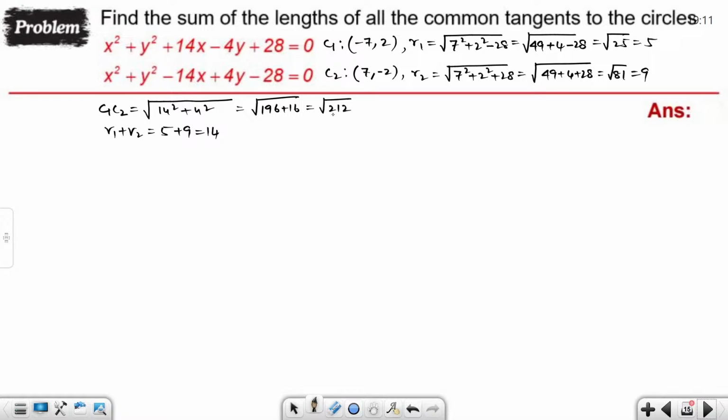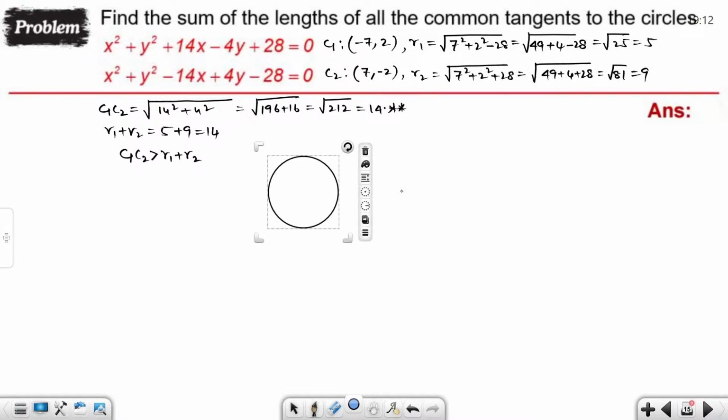Now, root over of 212, 212 is basically 14 point something. So we can see that C1, C2 is greater than R1 plus R2. That is, these two circles are neither intersecting nor touching each other.